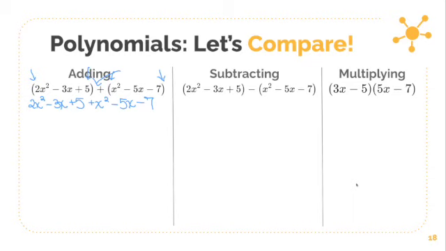Well, in algebra, they have to be what we call like terms. But again, all that means is the same kinds of things. So like x squared terms are going to combine with other x squared terms, and plain old x terms with other x terms. And then those constant terms, remember that word? It means just regular numbers. Constant terms will add with other constant terms.